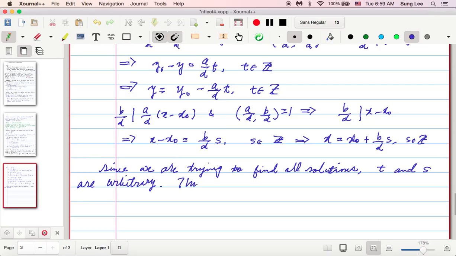This means that we can use the same letter, the same parameter t, for both x and y.